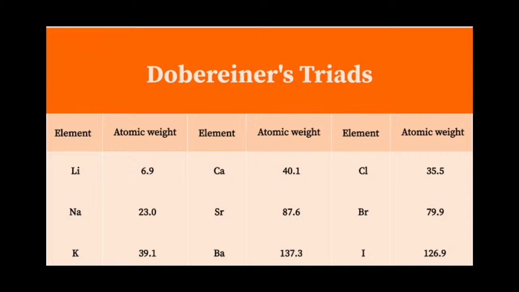So, like this, Dobereiner introduced the law of triad. What does the law of triad explain? The atomic mass of the middle element was roughly the average of the atomic masses of the other elements.